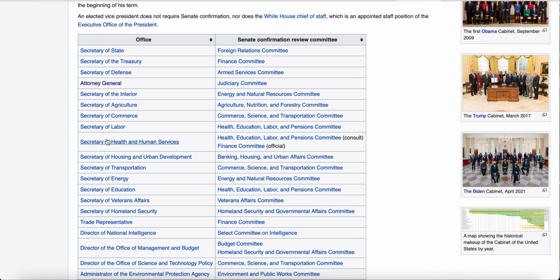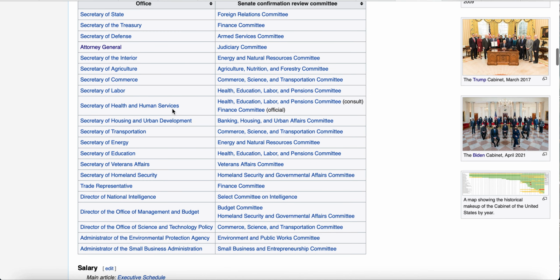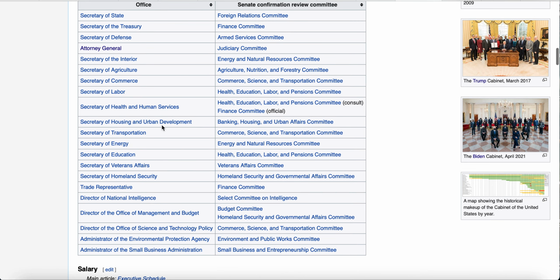And then the Secretary of Labor, which deals with working conditions. You also have the Health and Human Services Secretary, which deals with health, and then the Secretary of HUD, the Secretary of Transportation, Secretary of Energy, Secretary of Education, Veterans Affairs, Homeland Security, and then you also have the rest of these positions.